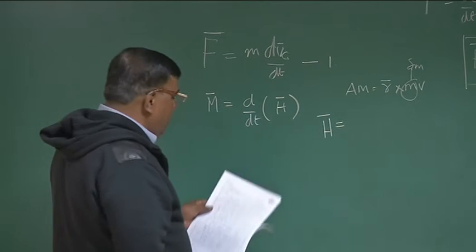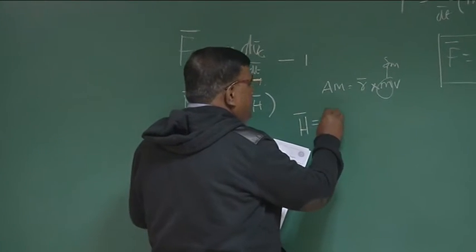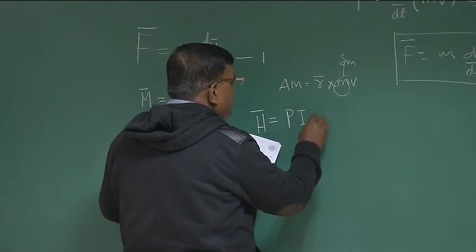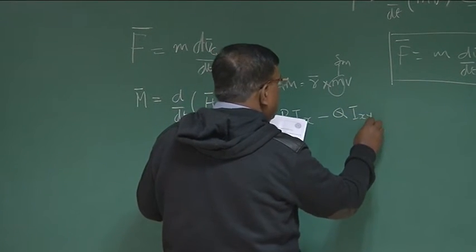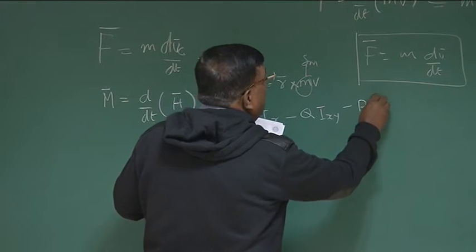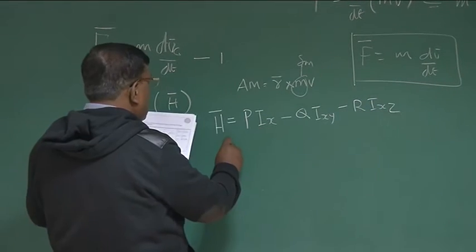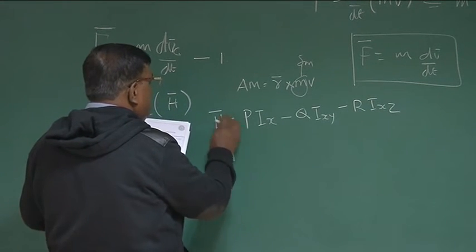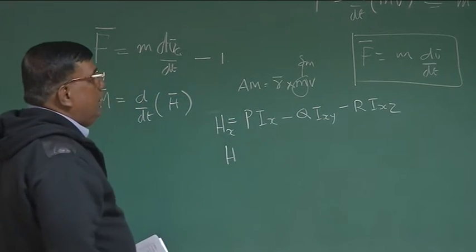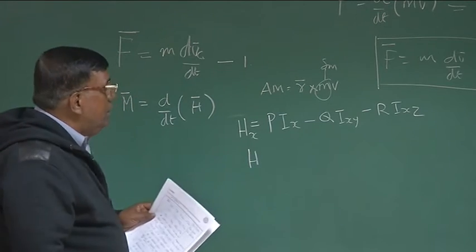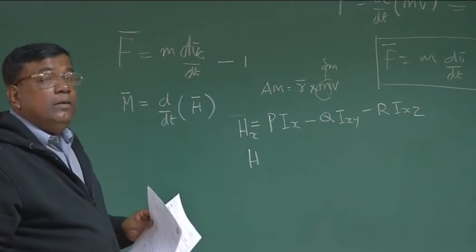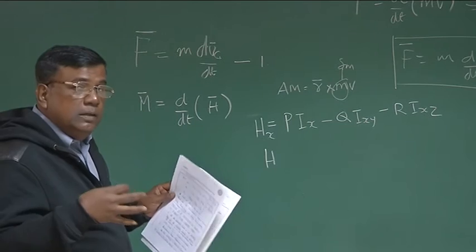So after doing that, we got the expression Hx equal to p Ix minus q Ixy minus r Ixz, where Hx is the component of H along the x-axis. I will explain what this x-axis is. I will try to recall so that it goes deep into your mind.